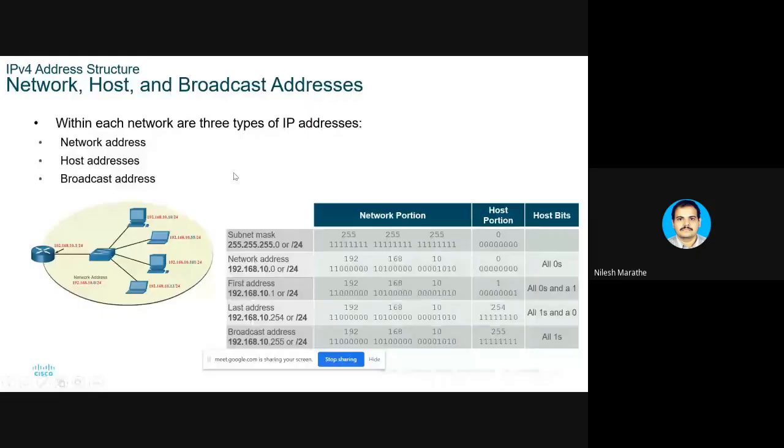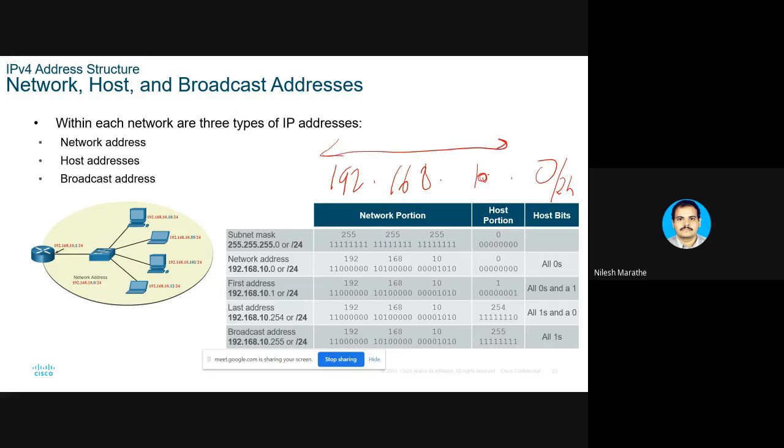So let's suppose we find out the network, host and broadcast addresses in this particular domain. Let's suppose that they have given the network address again the same, 192.168.10.0. So for the 10.0 now you should be able to tell it is /24. They are written, meaning the first 3 octets belong to the network portion.